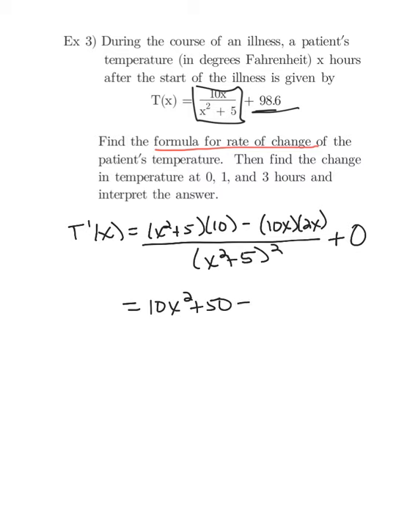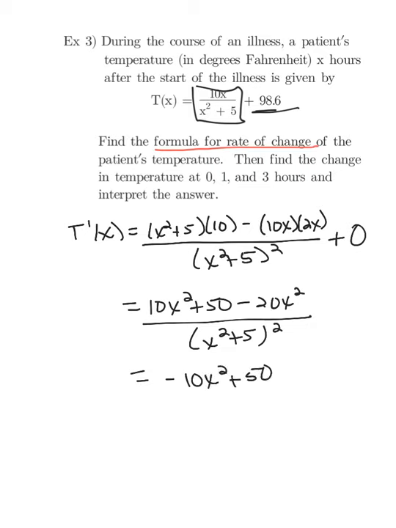Multiply after the minus, you will get 20x squared over x squared plus 5, quantity squared, and then we don't need to write the plus 0. Cleaning it up, because we have like terms, we're going to get negative 10x squared plus 50 over our denominator quantity squared. So there is our formula for change in temperature.